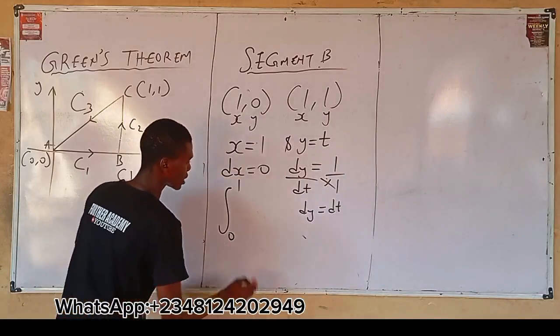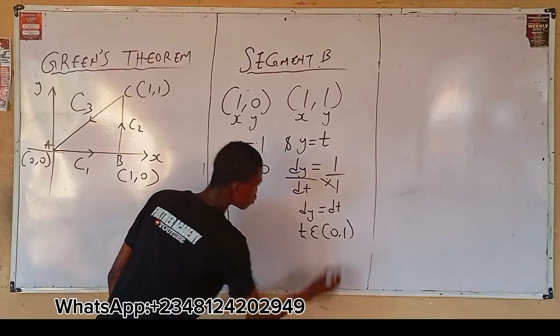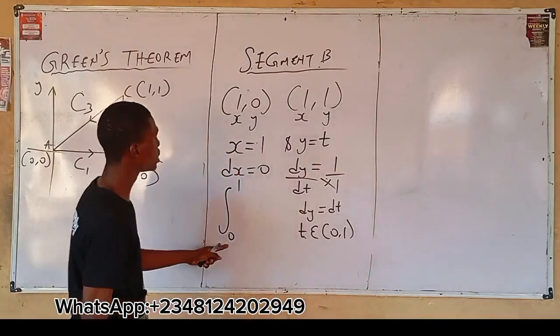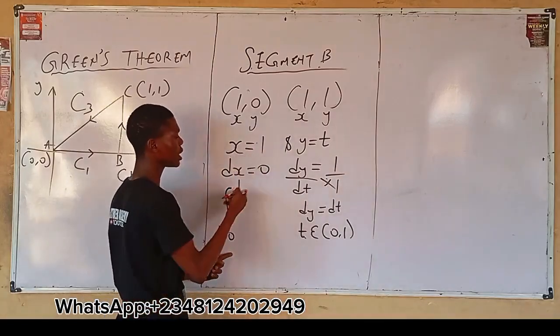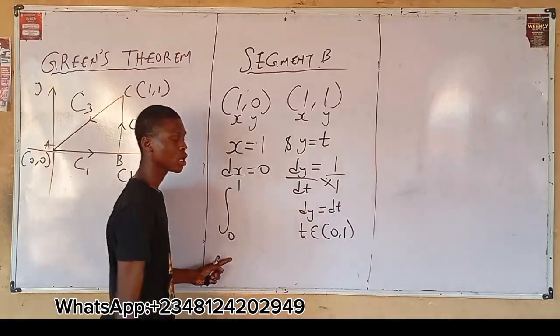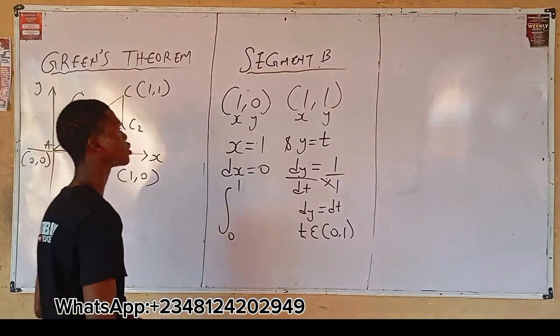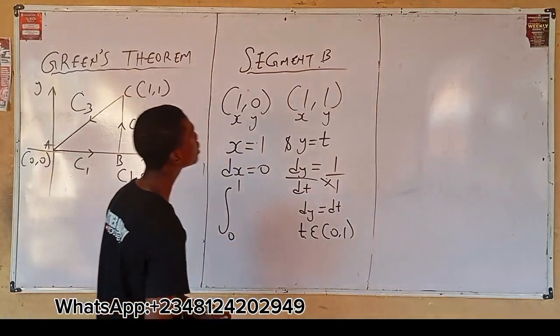So if you want to write that in a proper way, you say t is an element of 0 to 1. But the interpretation is that you are starting at 0, then you are ending at 1. So generally, when you are starting, it takes the lower limit. When you are ending, it takes the upper limit, irrespective of the value you have here. Okay?